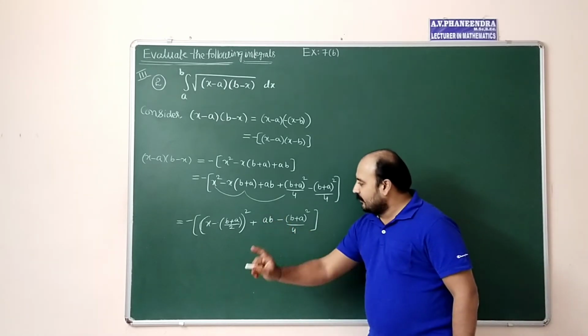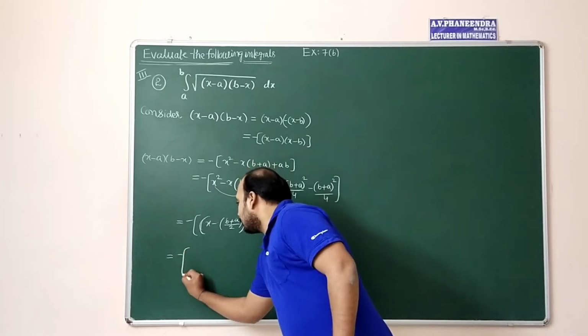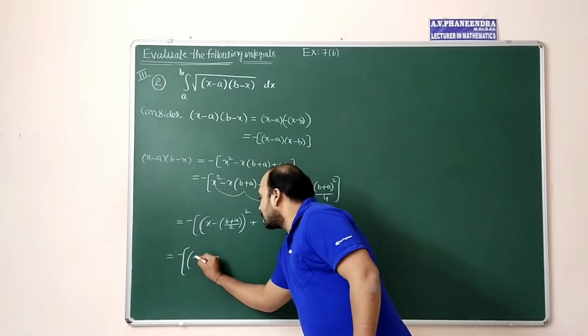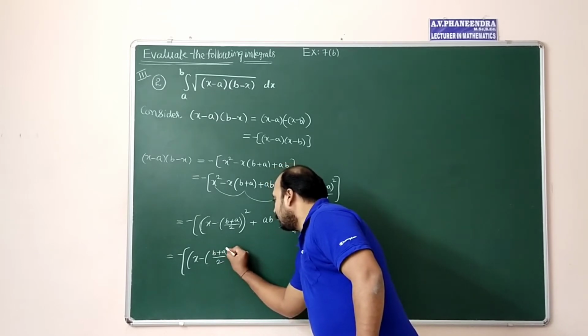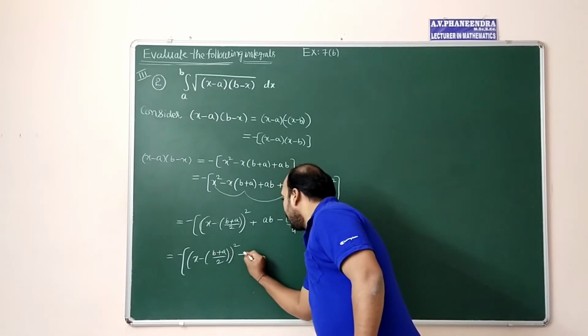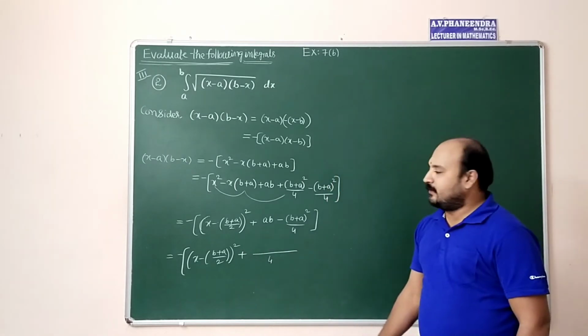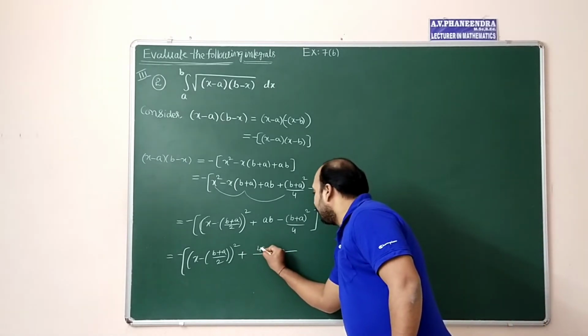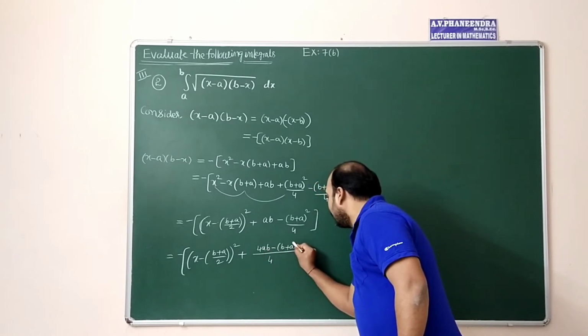Now taking LCM here only for this term: minus ((x minus (b plus a) by 2) whole square plus, from here I am taking LCM, (4ab minus (b plus a) whole square)).